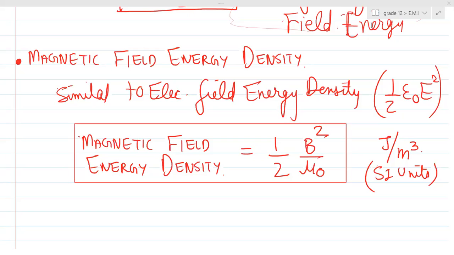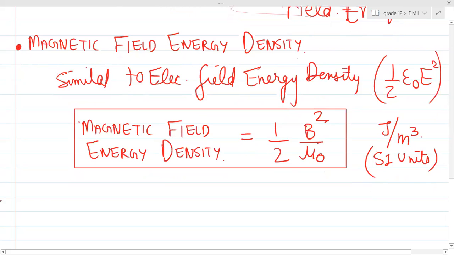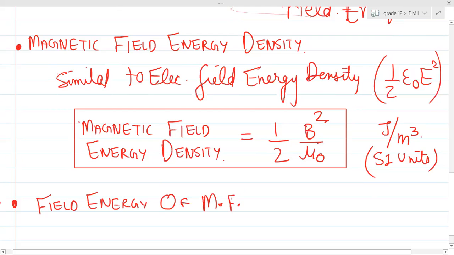Yes, sir. Please write down, the one thing which we are doing now is a very important derivation as per your school. Field energy of magnetic field in a current carrying inductor, or basically in a current carrying solenoid.